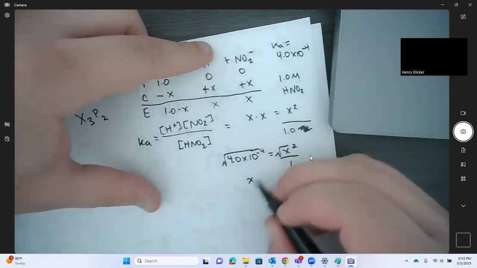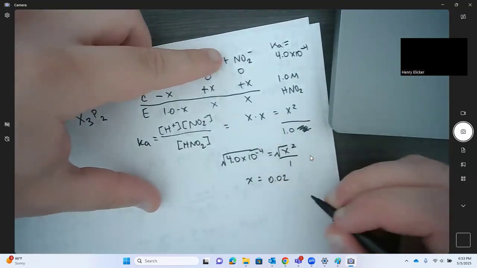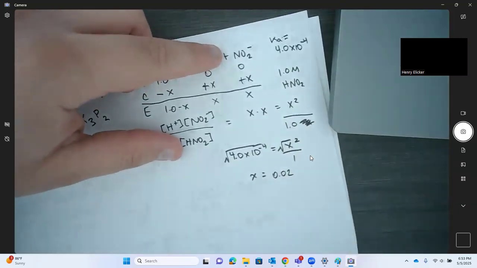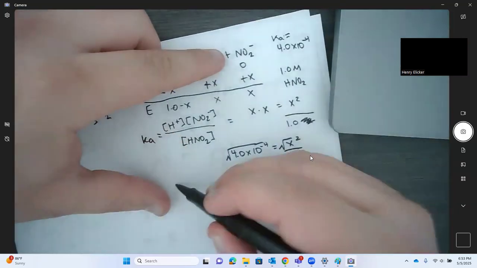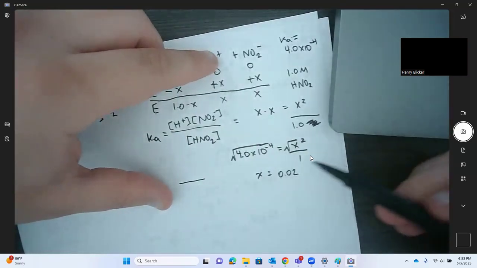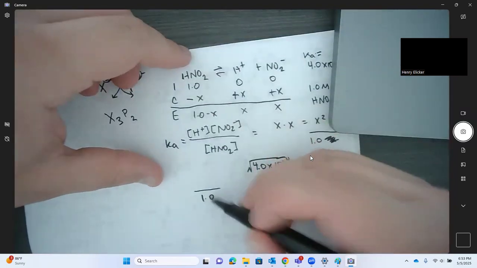And I think x would be 0.02. All right. Now, they say percent ionization. Well, the whole idea is to compare it, like a fraction. So remember the whole part of it was the original 1.0 molar.